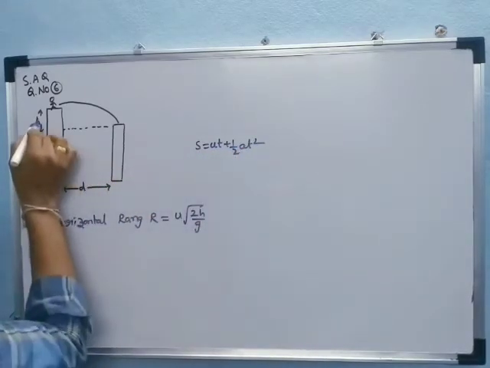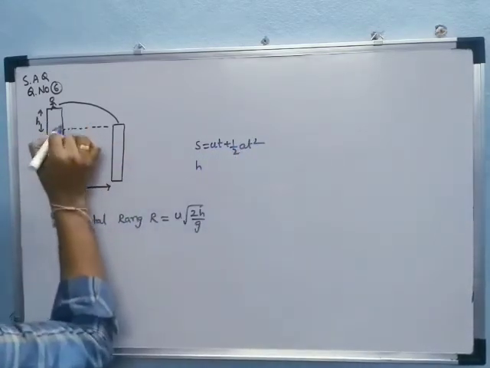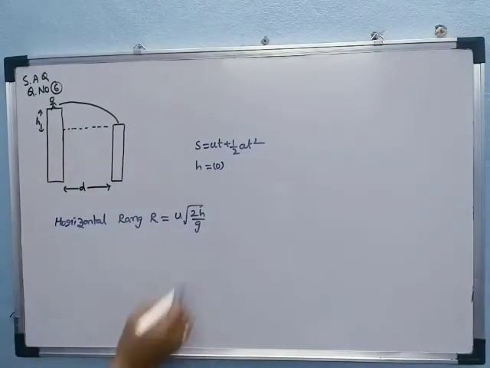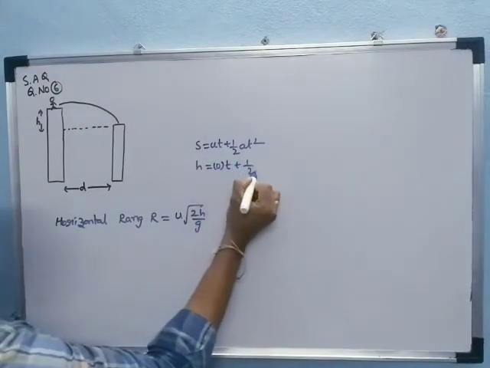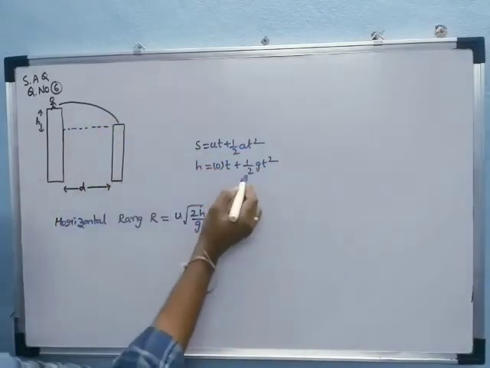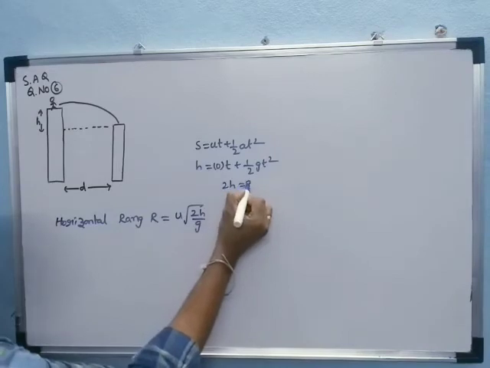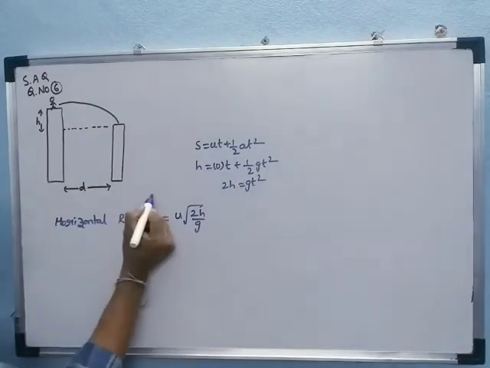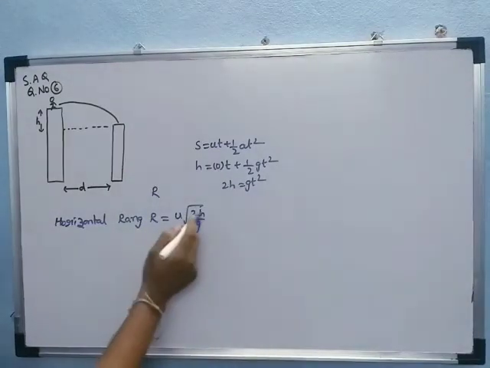The s is nothing but the height h. This is the height traveled to jump. And initial velocity becomes 0 because it's a freely falling body. Plus half gt square. The acceleration due to gravity is downwards. a is equal to g. Then by cross multiplication 2h is equal to gt square. Then t is equal to under root of 2h by g.